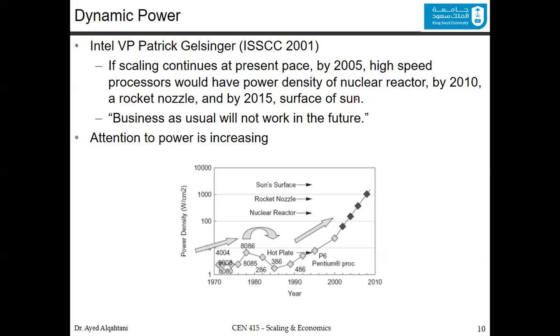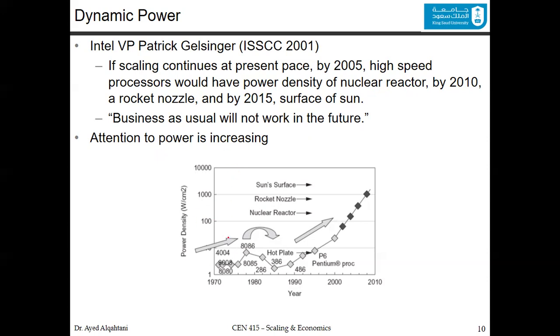So that's also another reason we moved to multi-cores, or found other solutions. He said business as usual will not work in the future.